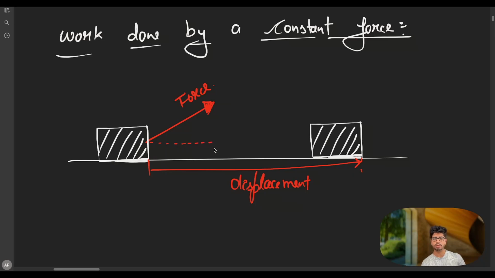First, I'm going to take the component of the force in the direction of displacement. Let's suppose the force is F, with this angle theta. If you know how to resolve components, resolving the force in this direction comes out to be F cos theta. In the vertical direction, there is F sin theta.